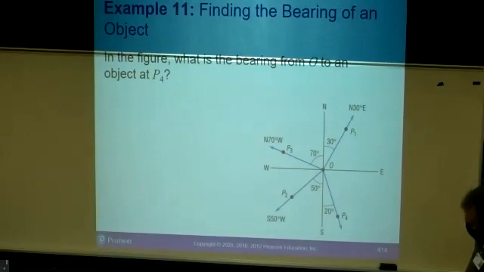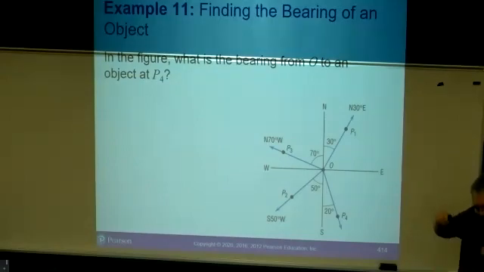Now, bearings. Bearings are different. This is what the military deals with. If you fly airplanes, you deal with bearings. Bearings are based on, are you going north or are you going south? And how many degrees east or west are you going?